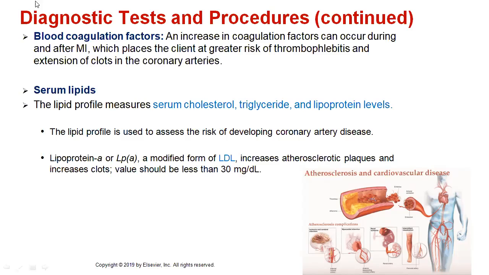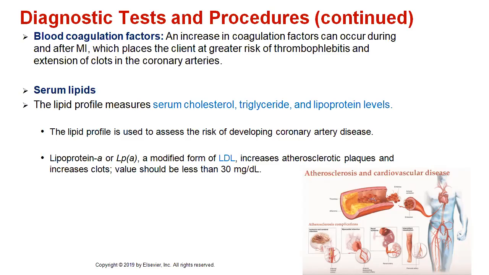Now our class is about the diagnostic tests. So if your patient has a myocardial infarction, what do we have to check? Already we discussed a few minutes ago, cardiac enzymes.